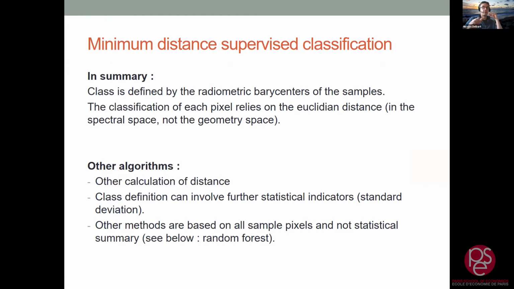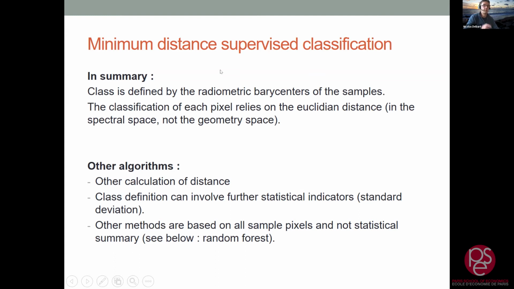And this is something important to specify, by experience, because the term Euclidean distance brings some errors of interpretation, by which the classification of the pixel relies on where it is in the image. It's not at all the case. Only the values in the remote sensing image are used for classifying it.